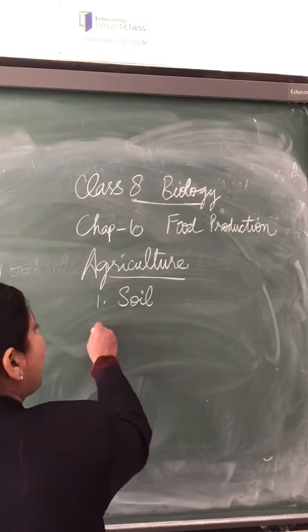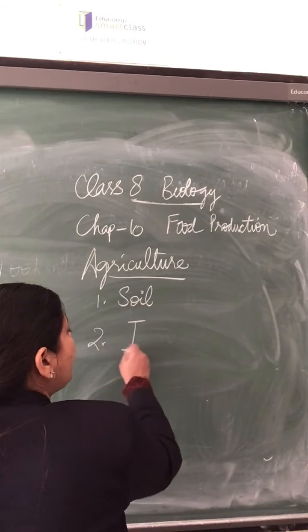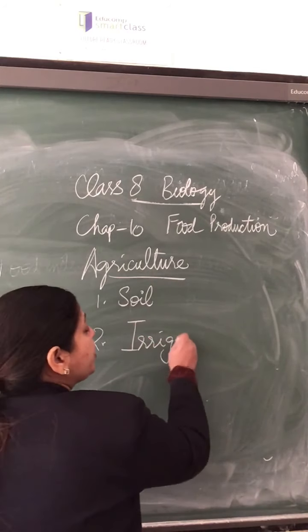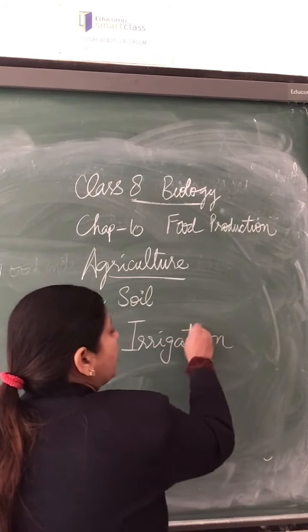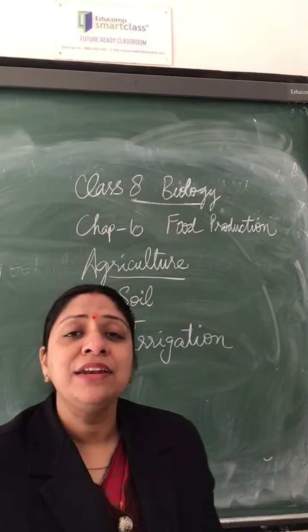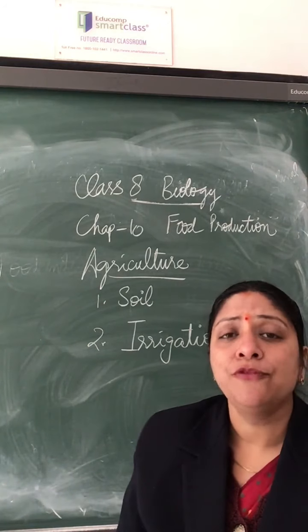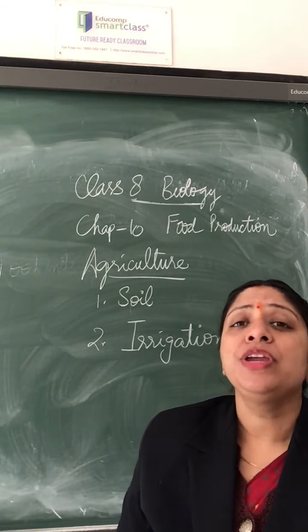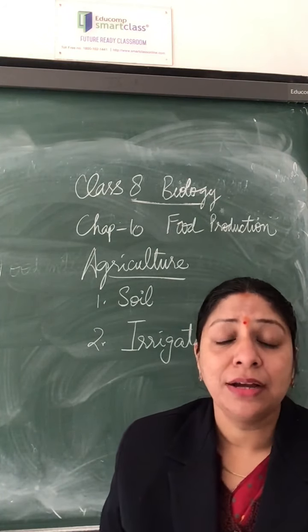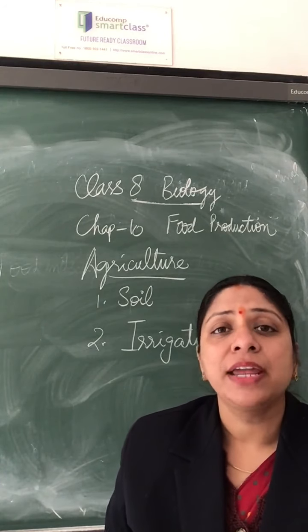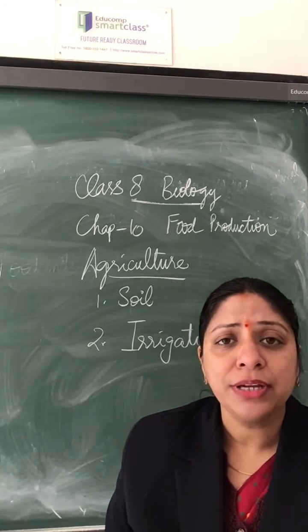Secondly, the factor which is required for agriculture is irrigation. India is a rain-fed country. And therefore, most of the time for growing crops, we depend upon rainfall. But this rainfall does not occur throughout the year.